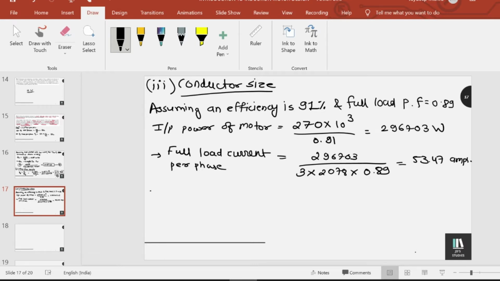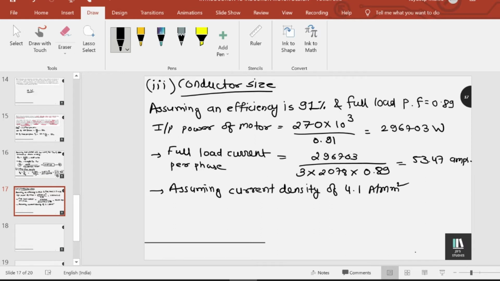Okay, now assuming a current density of 4.1 amperes per mm square, the area of cross section of the conductor is 43.47 divided by 4.1.